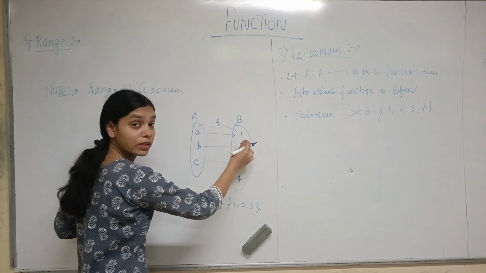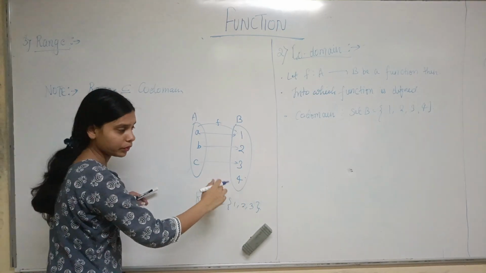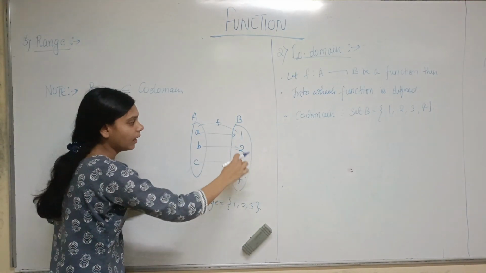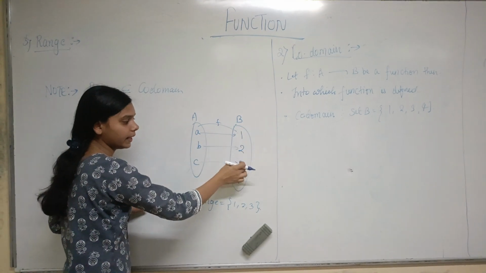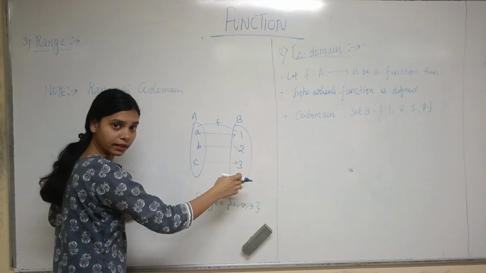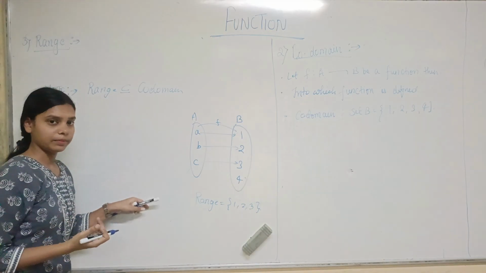The connection is only to 1, 2, 3. 4 is left. So the total is the codomain, and the associated elements are only 1, 2 and 3. So this is the range of the function.